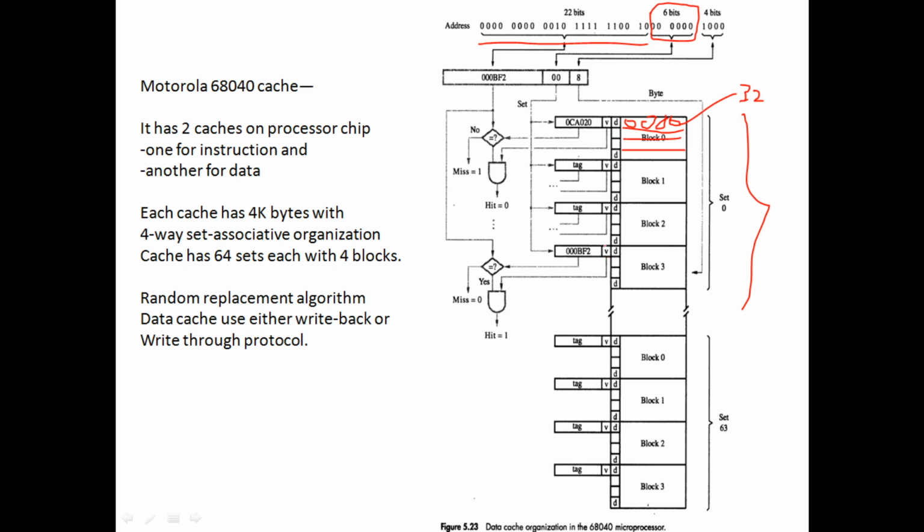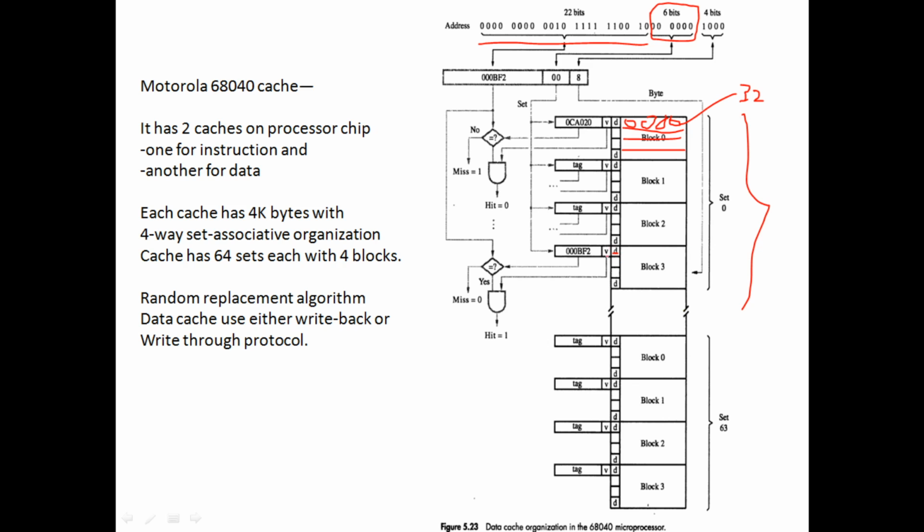We have studied about the valid bit and dirty bit. So what is a valid bit? The valid bit tells whether there is any data or not, and the dirty bit tells whether the data inside has been replaced or changed. That's why the dirty bit is there. So the valid bit only tells whether there is any data or if it is blank.